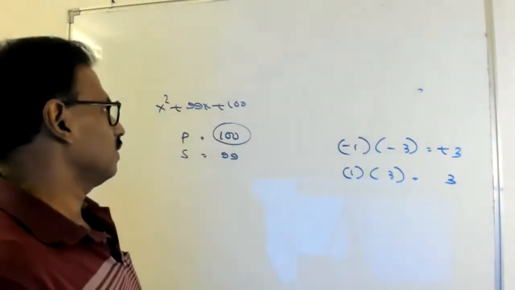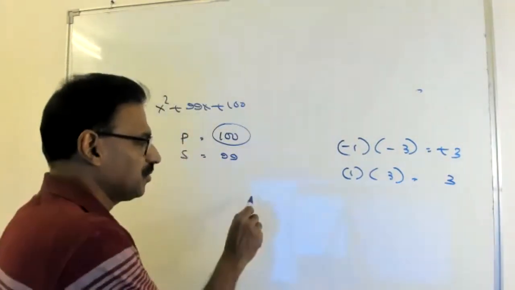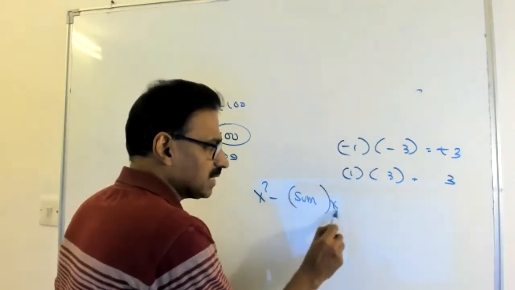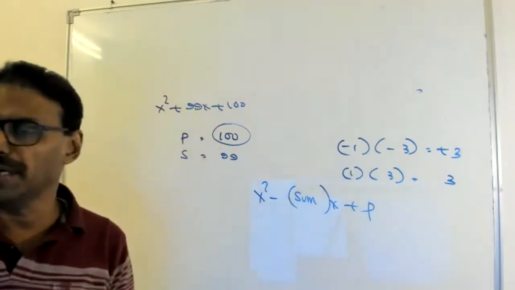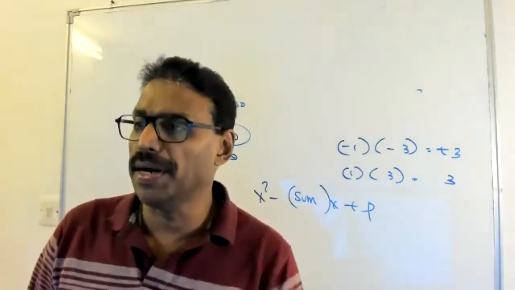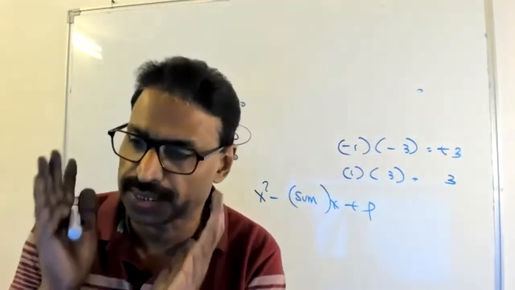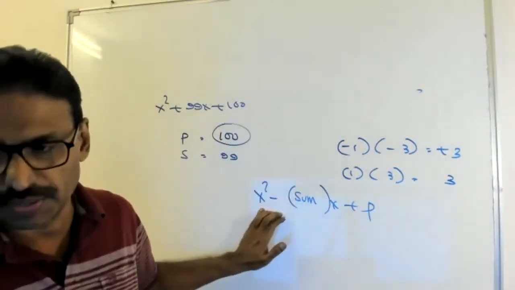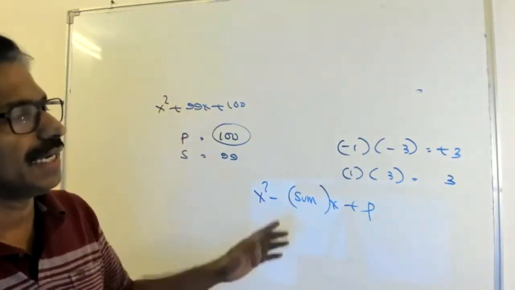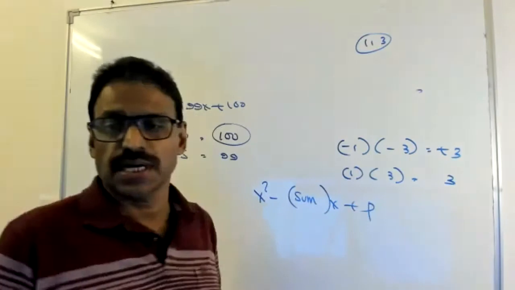Okay. Now, what is the form of a quadratic polynomial? The formation is x square minus sum into x plus product. A negative sign is the default here. Suppose the zeros are 1 and 3.